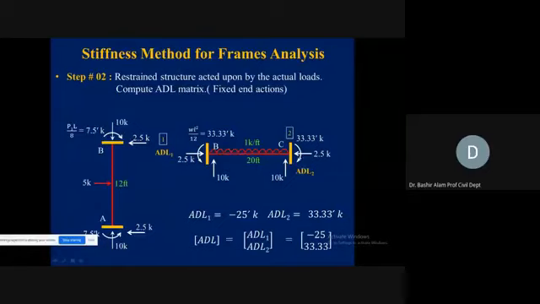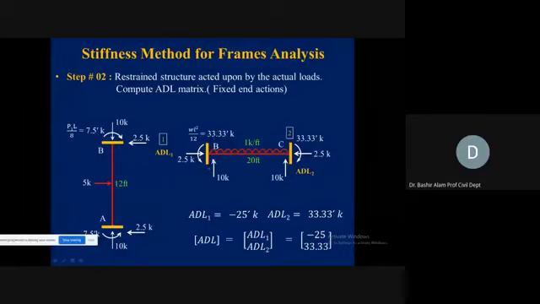Now coming to this member BC, WL square divided by 12. W is 1, L is 20, so divided by 12, 33.33, 33.33 here also. Vertical, it is 1 times 20 divided by 2, so 10 kip and 10 kip are coming here. Now at joint B, we are restraining only the rotation.